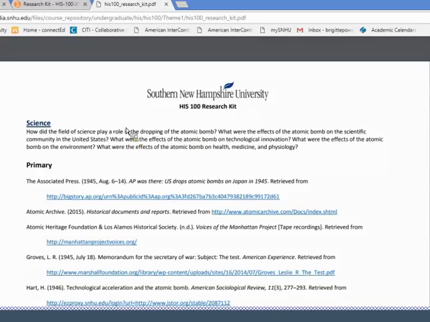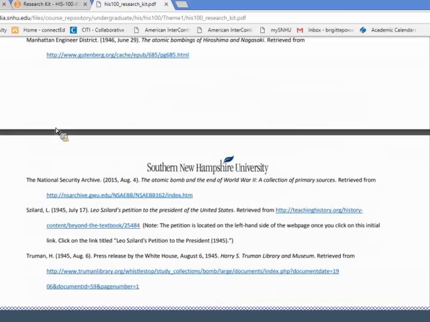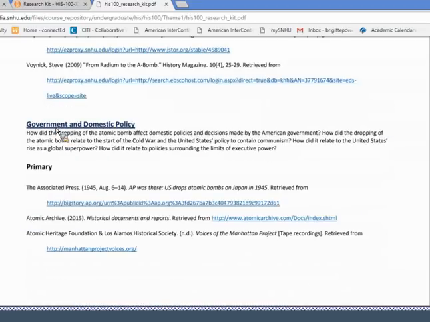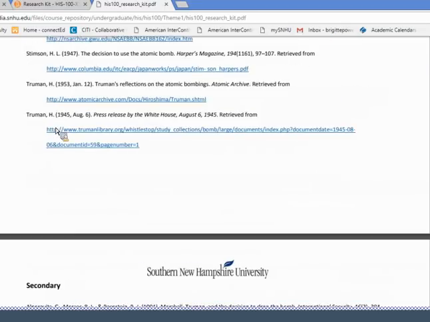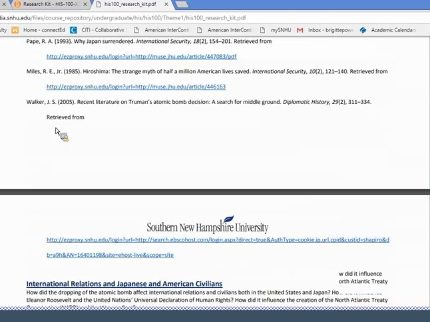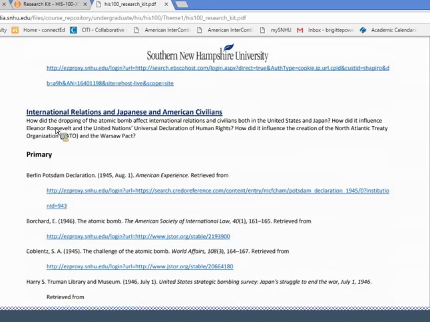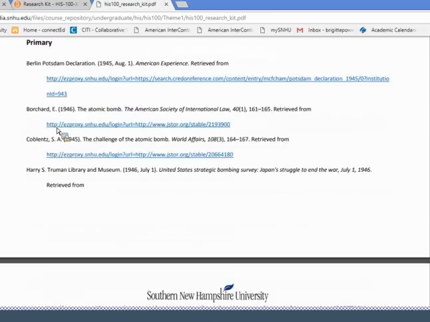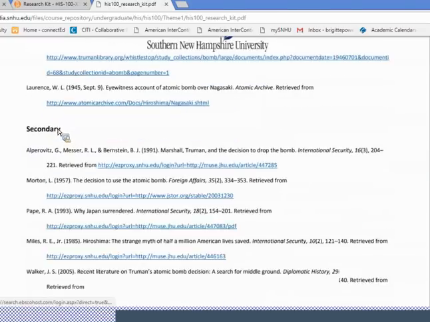Now the one thing that I wanted to really show you guys with this is that the research kit is divided up by each topic that we saw on Part 1 under the Topic Exploration Worksheet. So we have science, we have government and domestic policy, and then you come down further, you see military, and then you're going to see international relations and Japanese and civilians and so on and so forth.